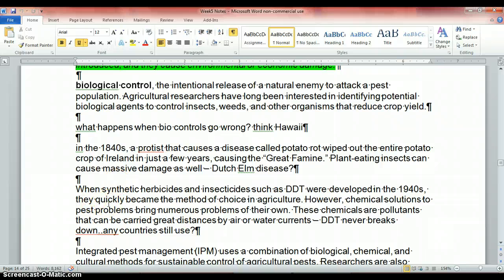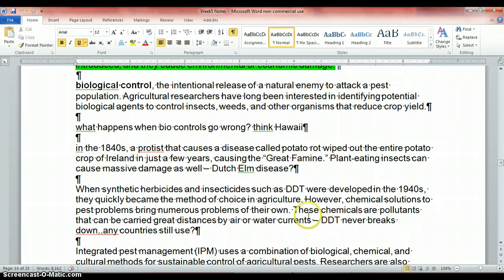Synthetic herbicides and insecticides such as DDT were developed in the 1940s, right? So we thought, oh yay, this is like the perfect thing. Unfortunately, the chemical solutions to pest problems bring numerous problems of their own. These chemicals are pollutants that can get carried great distances by air and water currents.